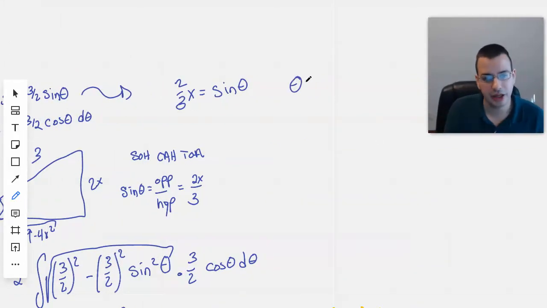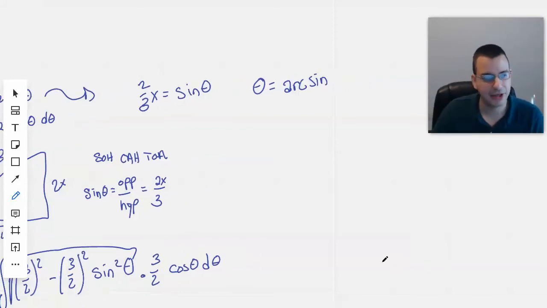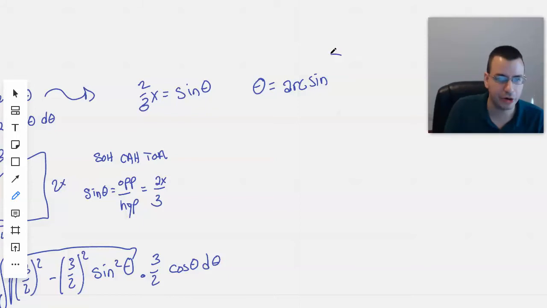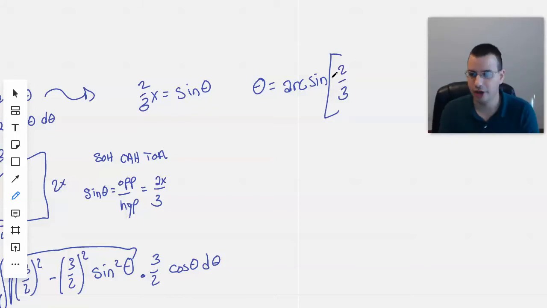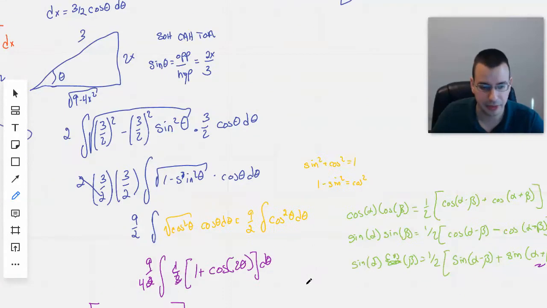So theta equals arcsine. Some people use the little -1 symbol. I try to avoid it generally when I can, because I get that confused with 1 over sine theta as opposed to arcsine.